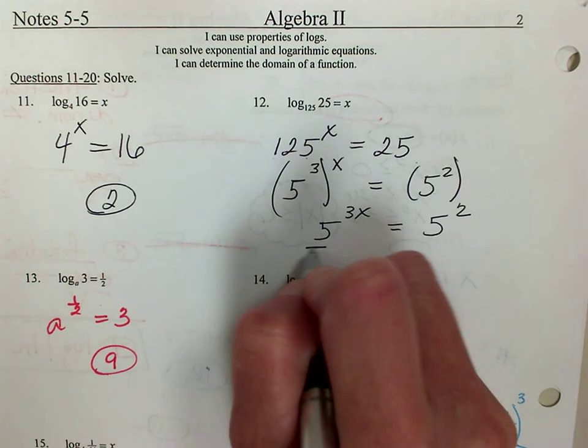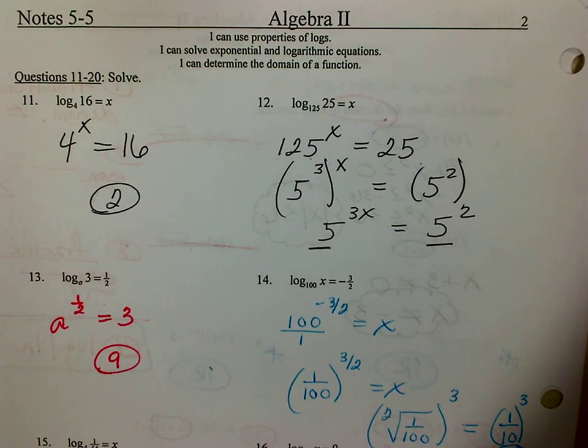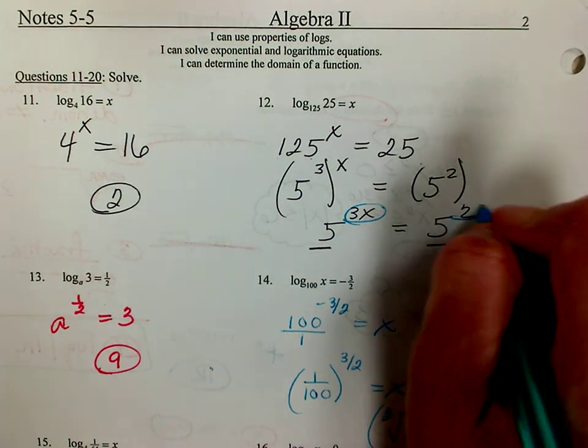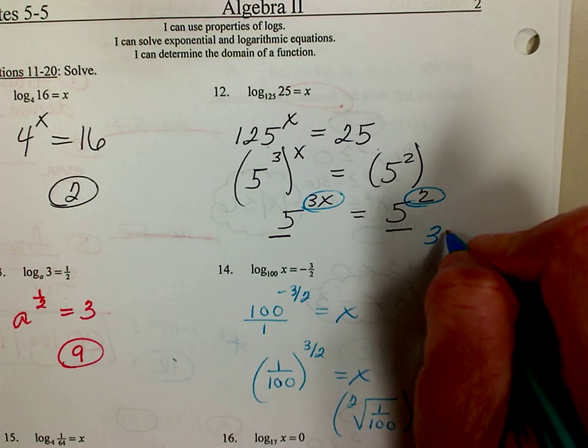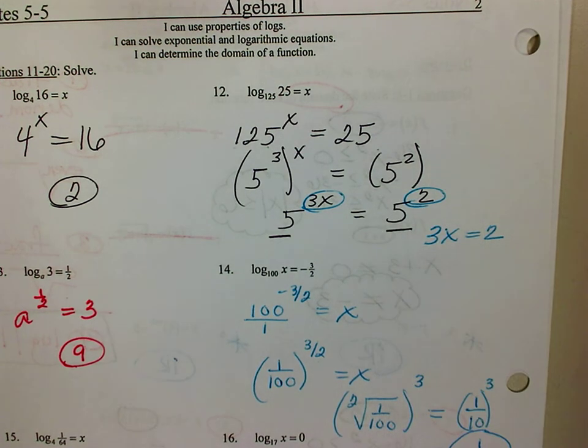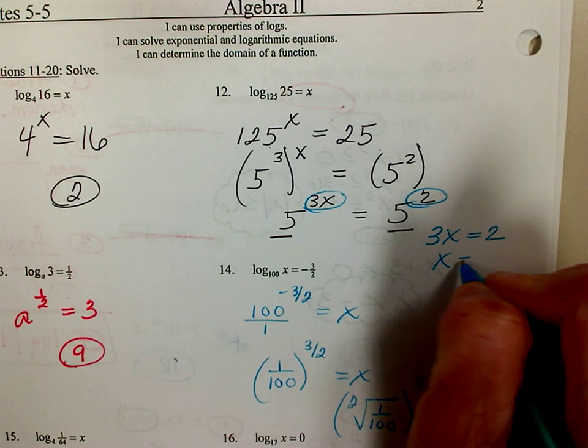So really I have that. If my bases are the same, my exponents need to equal each other as well. So I'm going to set my exponents equal to each other and then solve for x.